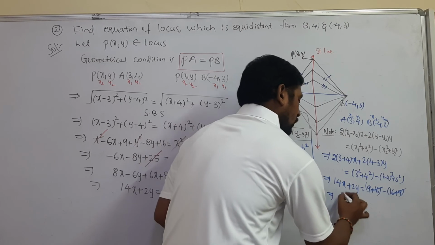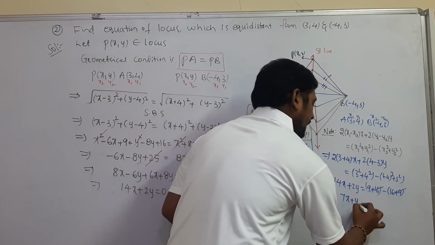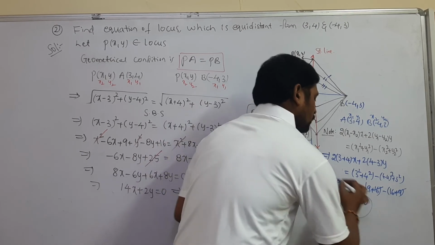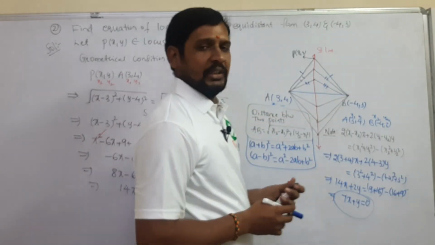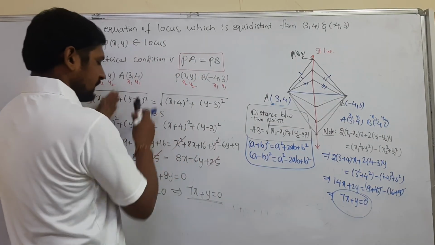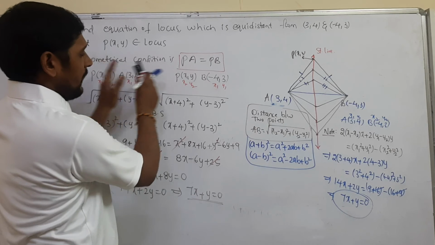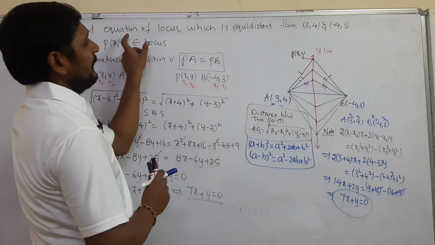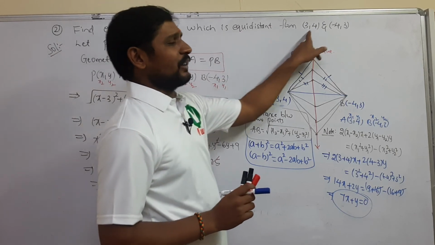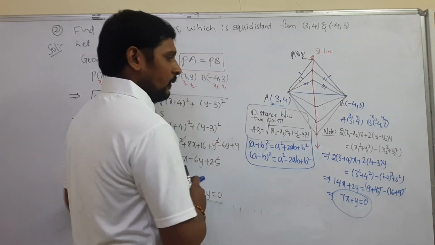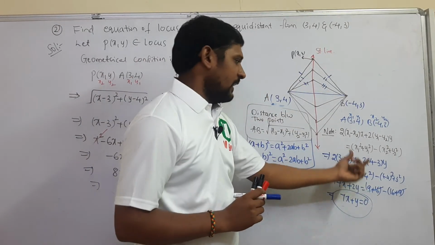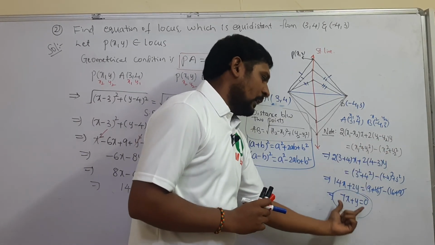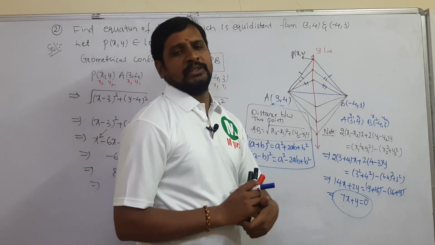Again, if we cancel by 2, what do you get? 7x plus y equals 0 is the required equation of locus. So this is the purpose of IPE. In IPE, this is the procedure to find the equation of locus when it is given equidistant from 2 points. The same problem when it comes under JEE, directly using this formula, you can say the answer is 7x plus y equals 0.